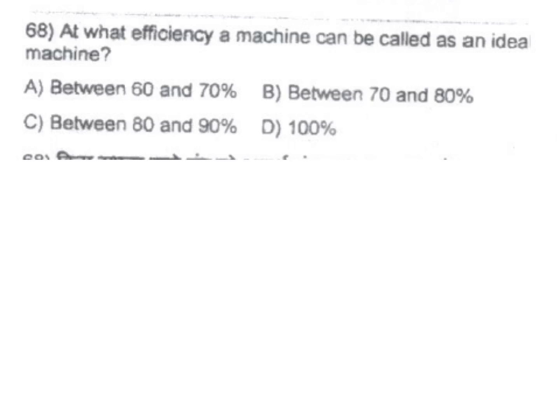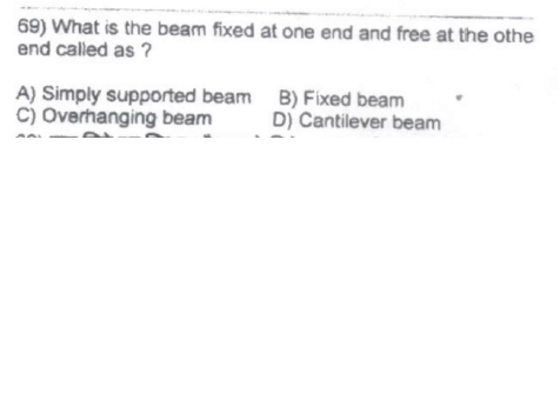Question is, what is the beam fixed at one end and free at the other end? So beam is fixed at one end and free at the other end. This is cantilever beam. Fixed beam you will get both sides fixed.